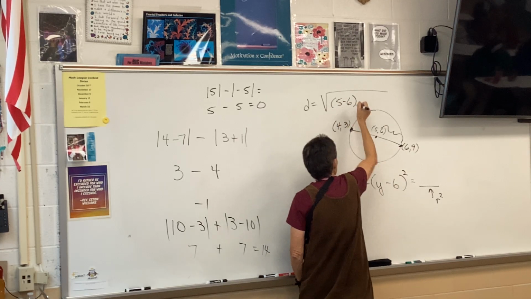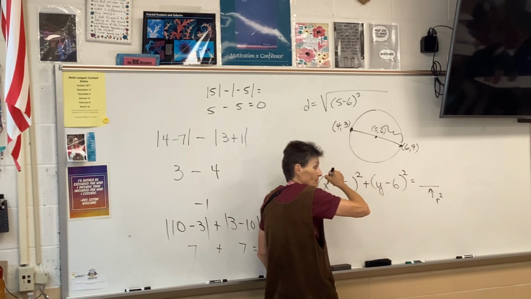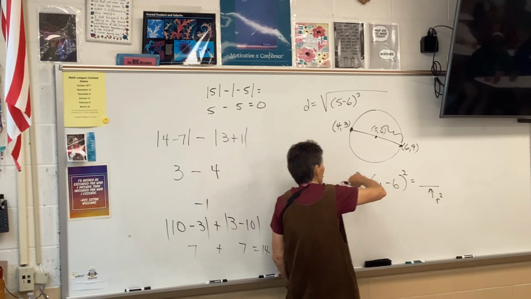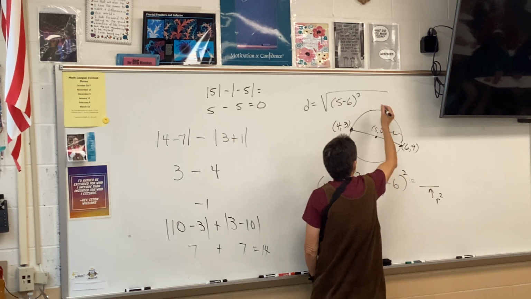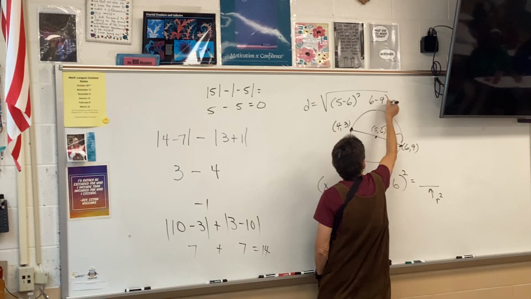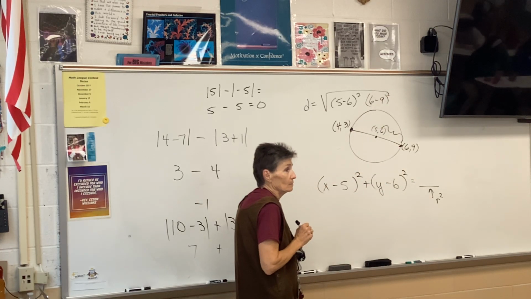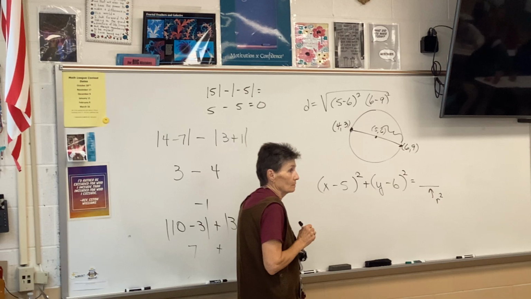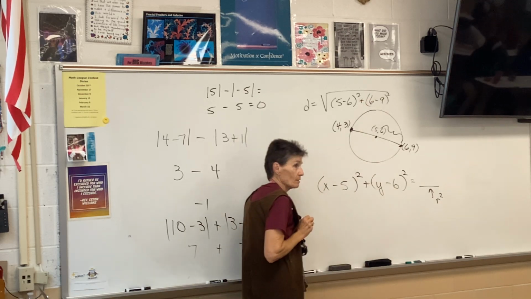It doesn't matter, either way. Oh, don't forget to square that. And then we do the same thing with our y's, right? And then we're going to add those together after we get them figured out.